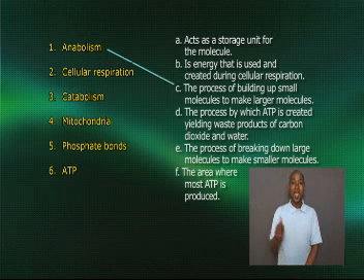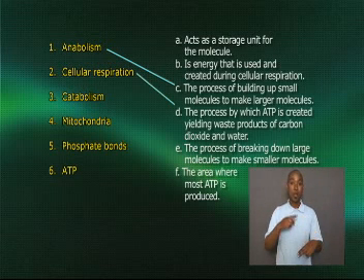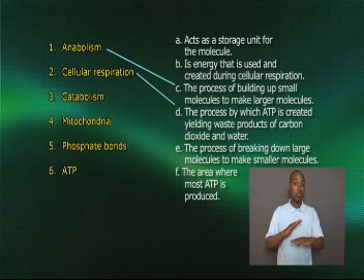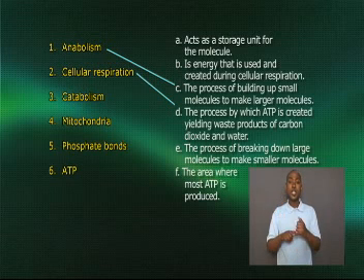Anabolism is the process of building up small molecules to make large molecules. Cellular respiration is the process in which ATP is created, yielding waste products of carbon dioxide and water.